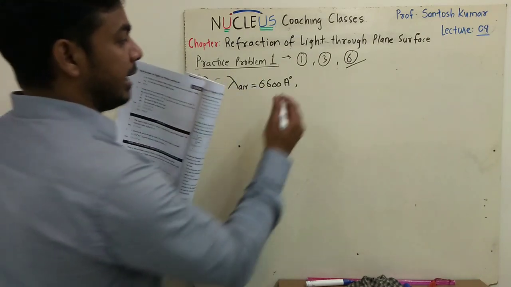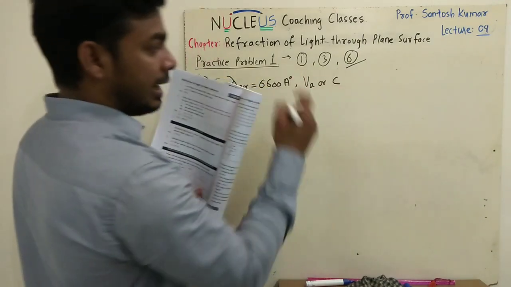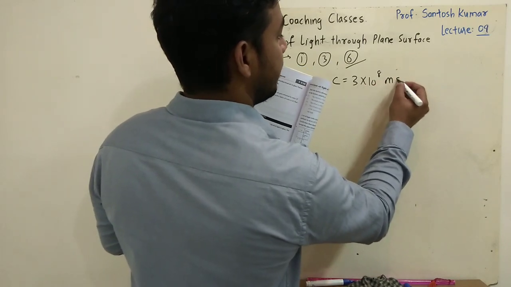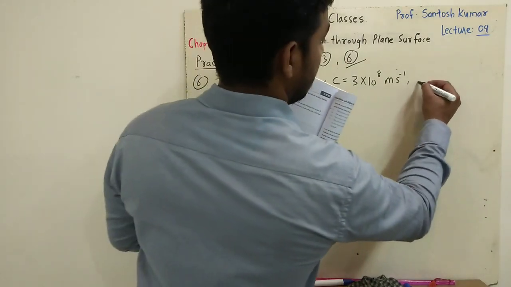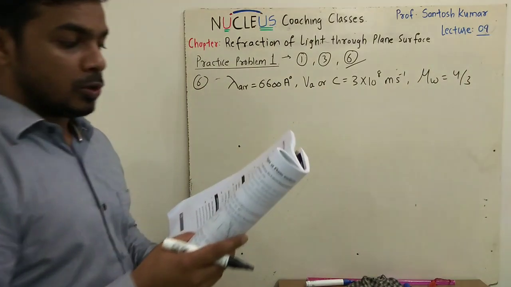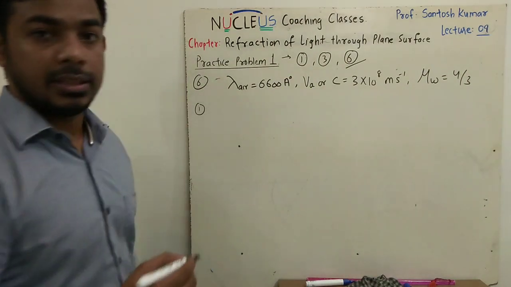The speed of light in air, or you can simply write C, has been given as 3 into 10 raised to 8 meter per second, and the refractive index of water, mu of water, has been given as 4/3. So from this given data, we have to find the frequency.